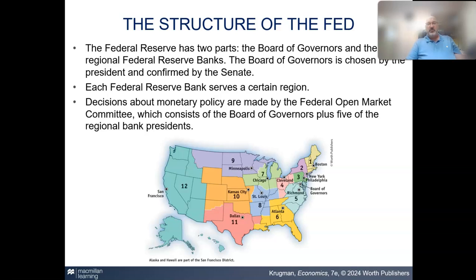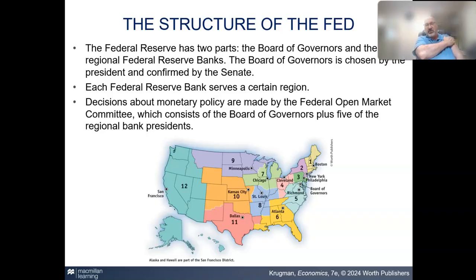Chicago at 7, St. Louis at 8, go over and up, Minneapolis at 9, KC at 10, Dallas at 11, and then go way over to San Francisco at 12. They will never change the districts. They'll just change where the regional offices are.